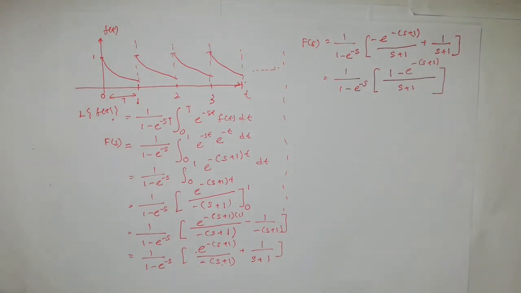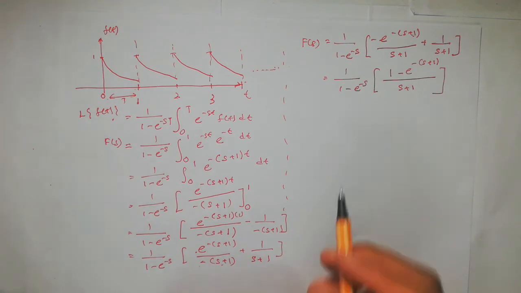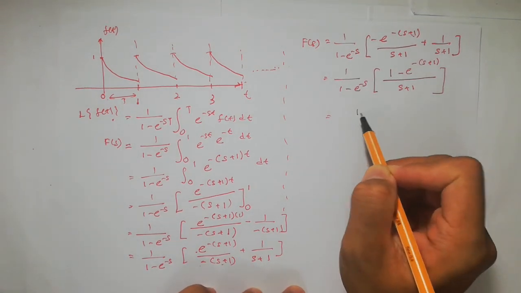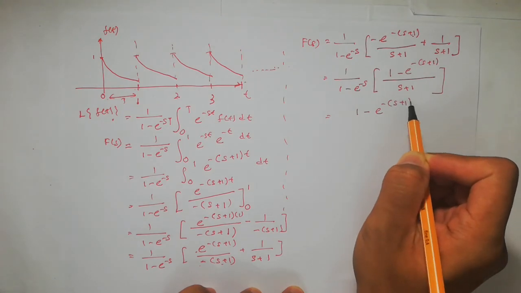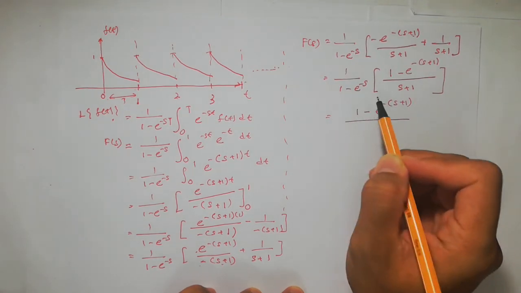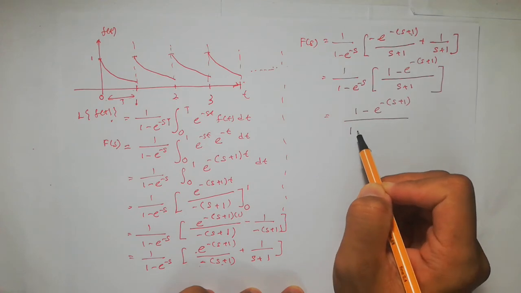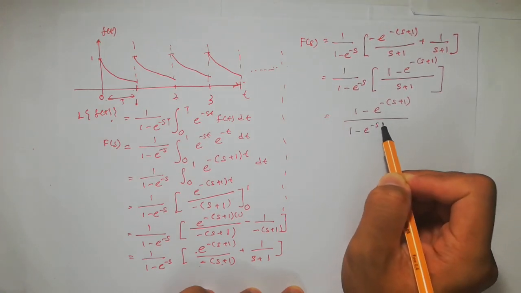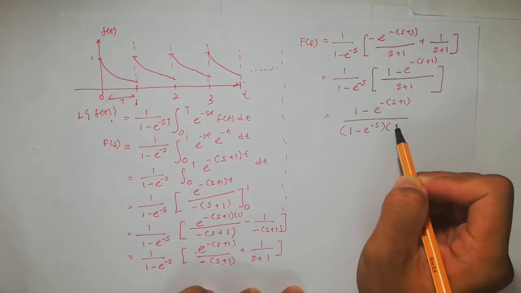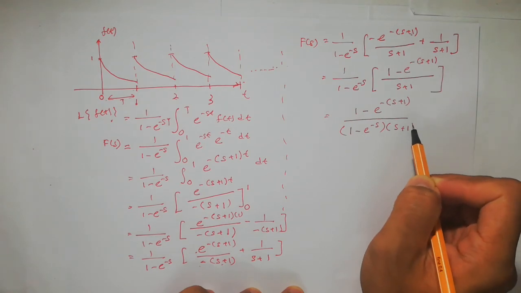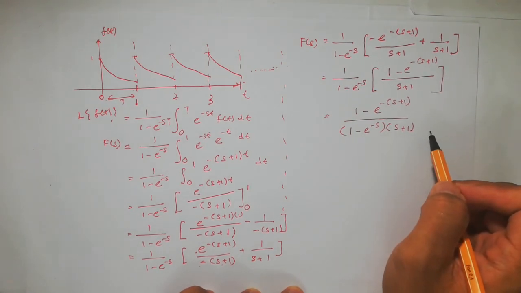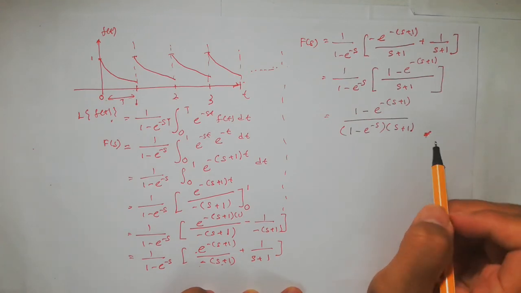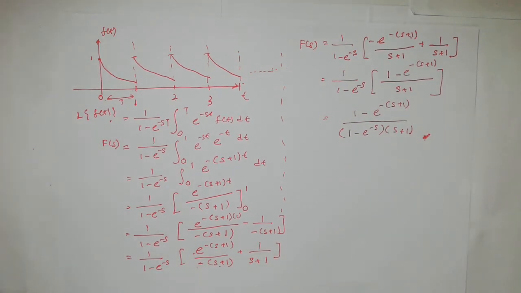The next step is to multiply this together. So we have 1 minus exponent negative (s plus 1), over 1 minus exponent negative s, multiplied with (s plus 1). So this is the Laplace transform for our signal.